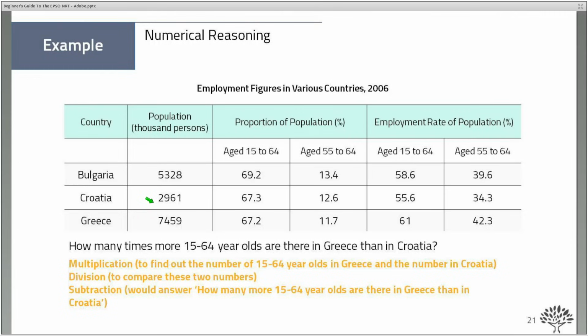Now in this case, if you actually saw your answer options as well, I think they would help you out in figuring out what the correct answer is. So whether you're looking for about 3 or about 5,000, your answer options would also give you a bit of a hint there. But notice how that one additional word, how many times more versus how many more, does change the final calculation quite significantly.